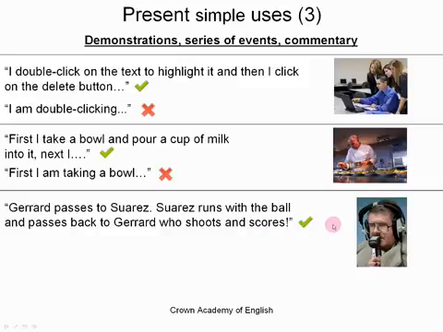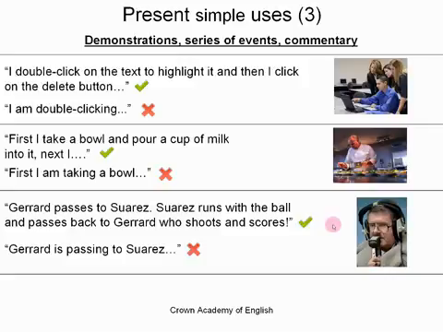It's quite an easy explanation why commentators use the present simple when doing live commentary. It's for the basic reason that it's quicker. It's quicker to say Gerrard passes to Suarez than Gerrard is passing to Suarez, because obviously the action is happening very quickly.